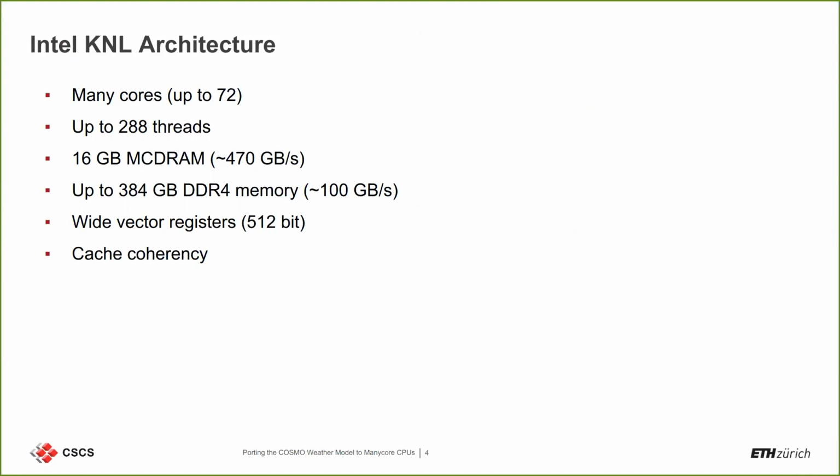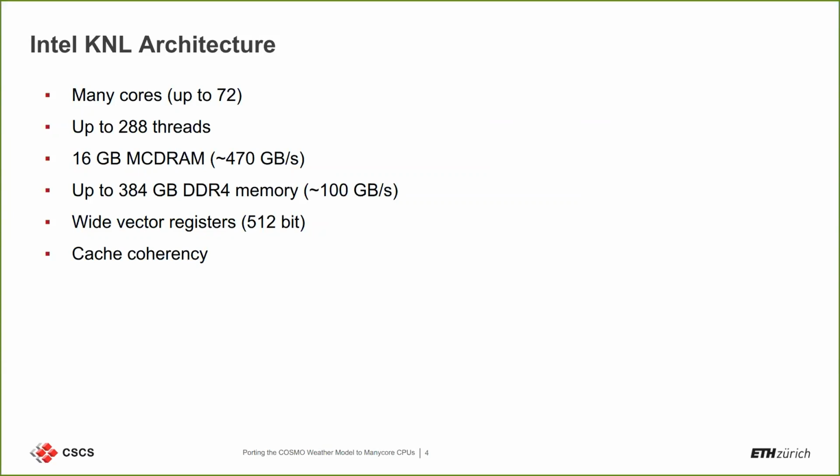There are 16 gigabytes of high bandwidth memory with up to 470 gigabytes per second measurable stream bandwidth. There are additionally up to 384 gigabytes of DDR4 memory, but I will never talk about those here because for weather and climate applications, which are mostly memory bound, we didn't care about this slower memory.